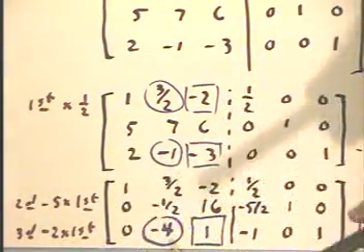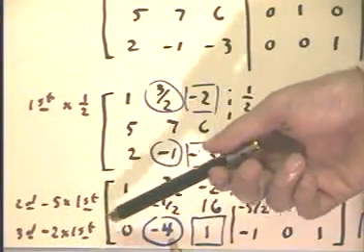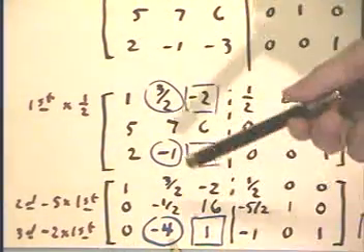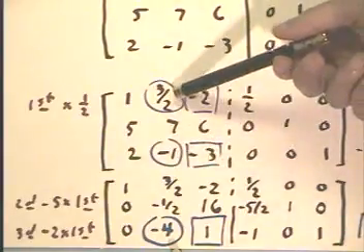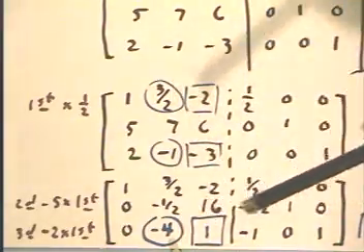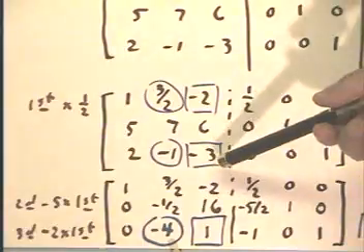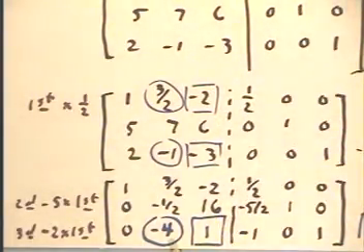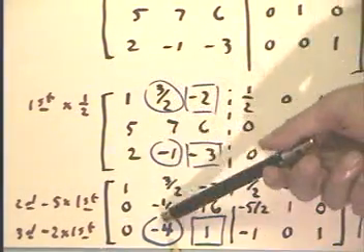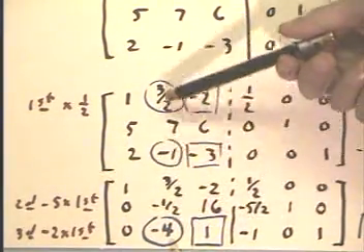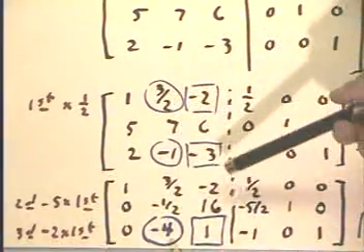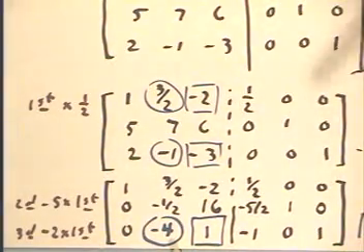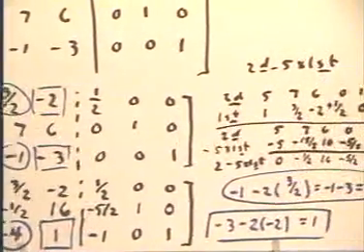Then the third. Okay, we've got to do third minus twice the first. 2 minus 2 times 1 gives us 0. Negative 1 minus 2 times 3 halves will give us negative 4. Negative 3 minus 2 times negative 2 gives us 1. Now, the blue circles indicate that this comes from this and this. This minus 2 times this. This is this minus 2 times this. And we actually do that calculation over here.